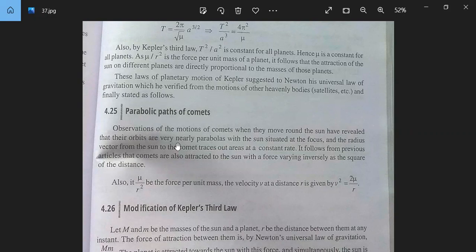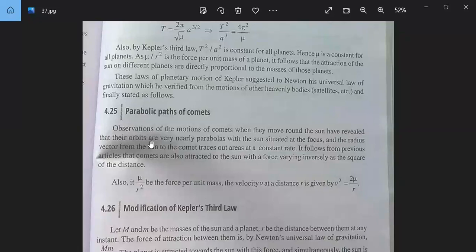Parabolic paths of comets. Observations of the motions of comets when they move around the sun have revealed that their orbits are very nearly parabola. यानी कि कॉमेट जो सन के चारों ओर मूव करता है उसका जो ऑर्बिट है वो क्या है, पैराबोला टाइप का है, with the sun situated at the focus, और सन पैराबोला के फोकस पर है.